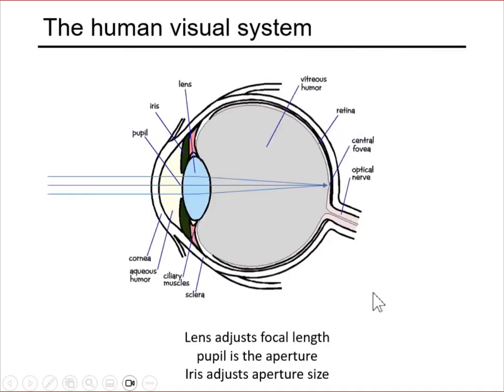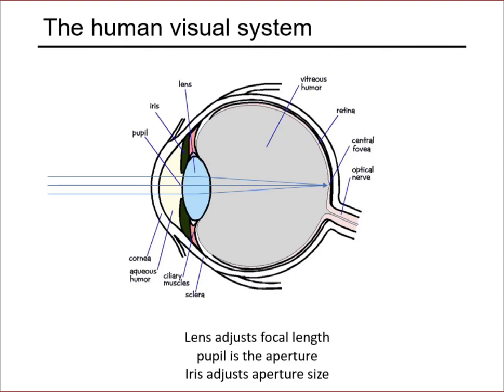Okay, let's go back to the last slide of our previous week. This is the structure of our eyes. As I mentioned last week, the structure of an eye is very similar to a camera. We have a lens, which can adjust the focal length like a camera.